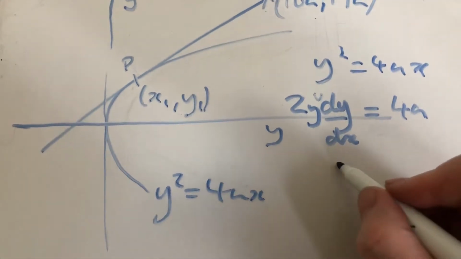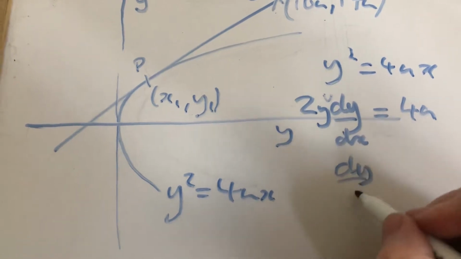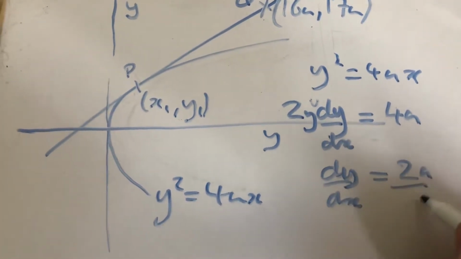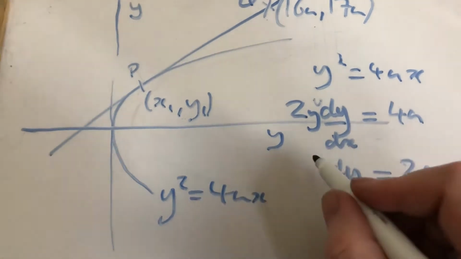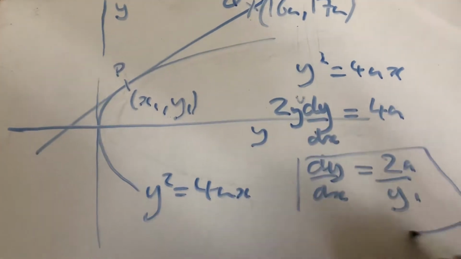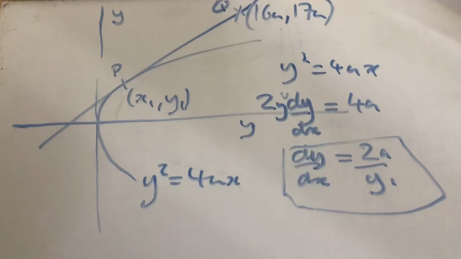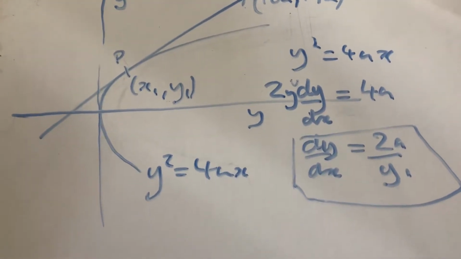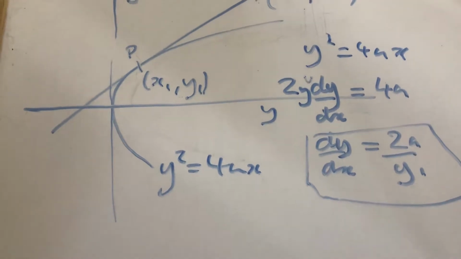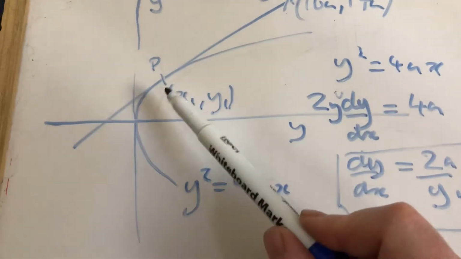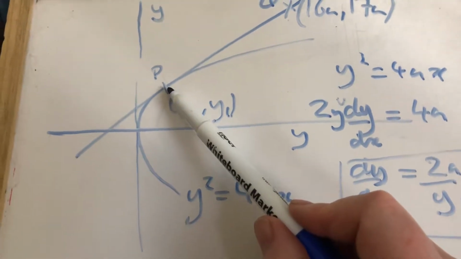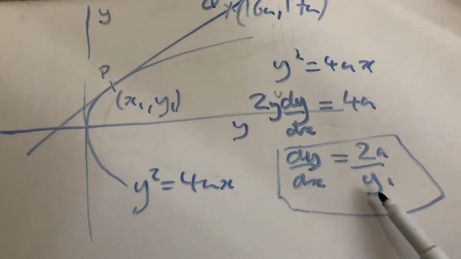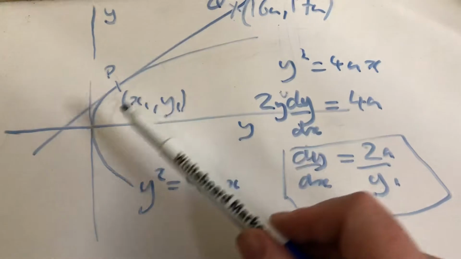Okay, so that tells us that dy over dx is equal to 2a over y. In this case it's going to be y1 that we're going to be plugging into the equation. So in terms of the formula for the parabola, that is what the gradient is at this point P. So at the point P on the parabola, our gradient is 2a over y, or 2a over y1 here.